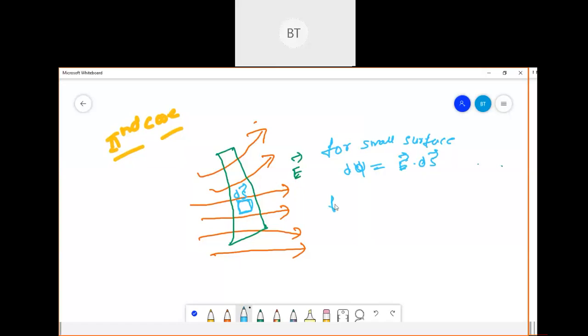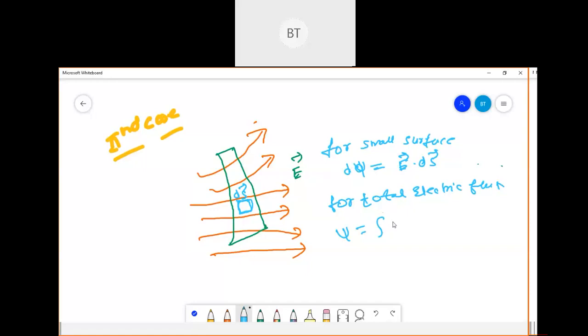And if I calculate the total electric flux for all this, if I integrate over the small surfaces, I will get the total electric flux, which we have done earlier.